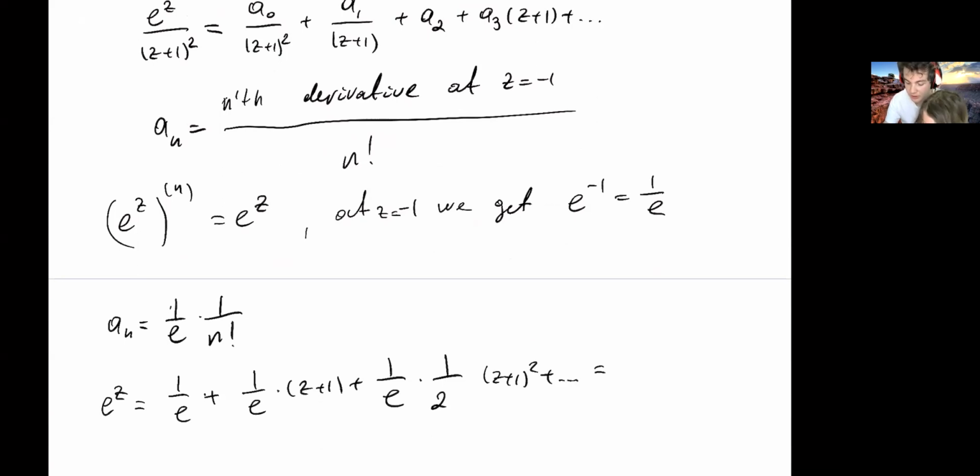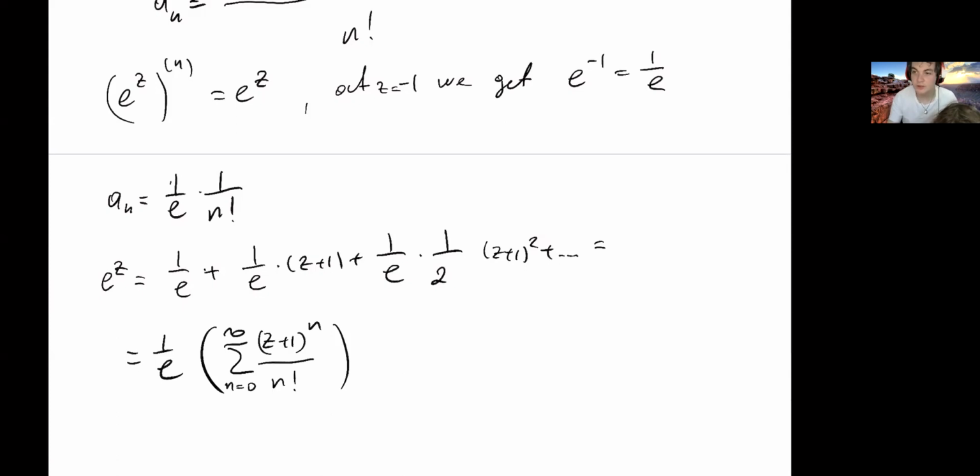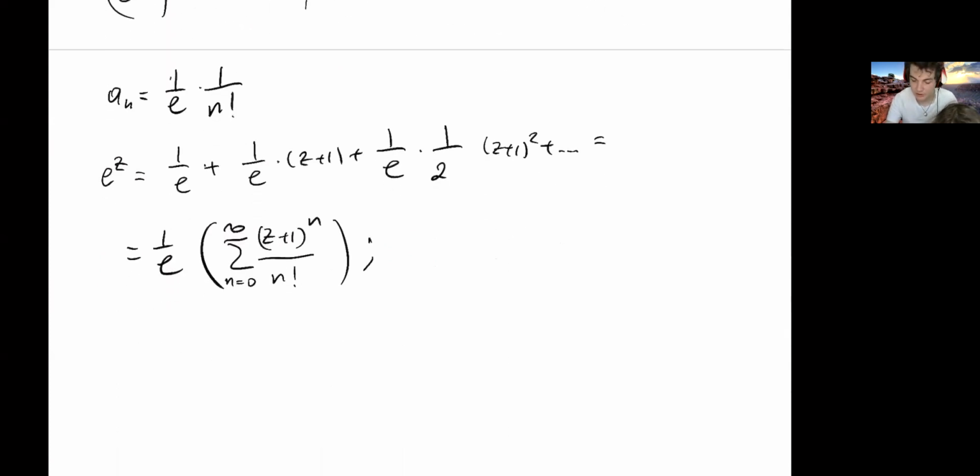In particular, we can factor 1 over e out, and then we just get the sum of (z plus 1) to the power n divided by n factorial, starting from 0. And then we need to divide by (z plus 1) squared.